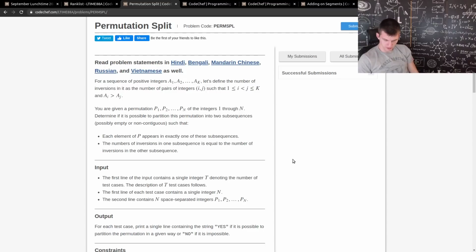DP over position and the number of inversions. What else?